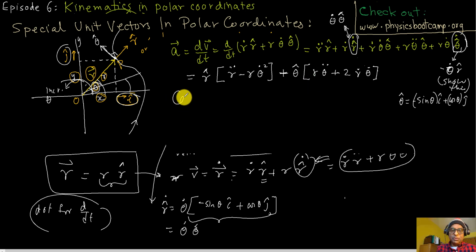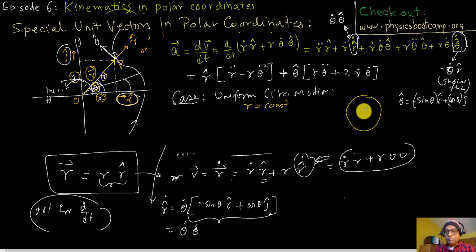You can do a special case, just like we did before: uniform circular motion. In this case, what are we going to have? r will be constant, some radius r, and theta dot is constant, covering the same angle in the same time.